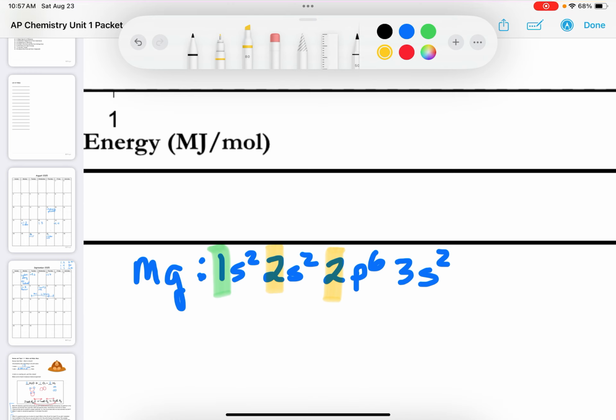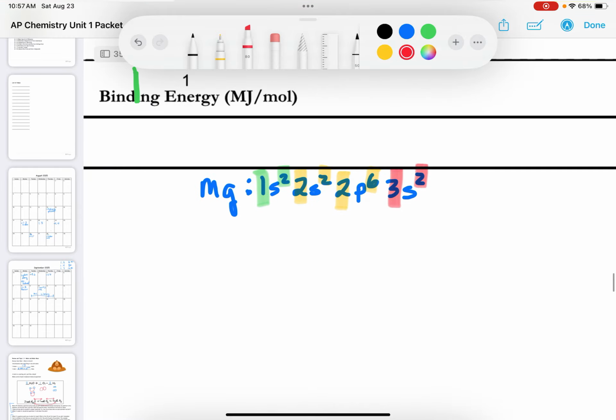And then I'll go with red for a third energy level. In this first energy level, there are 2 electrons. In the second energy level, there's 2 plus 6 for a total of 8 electrons. And then in the third energy level, we got 2 electrons.